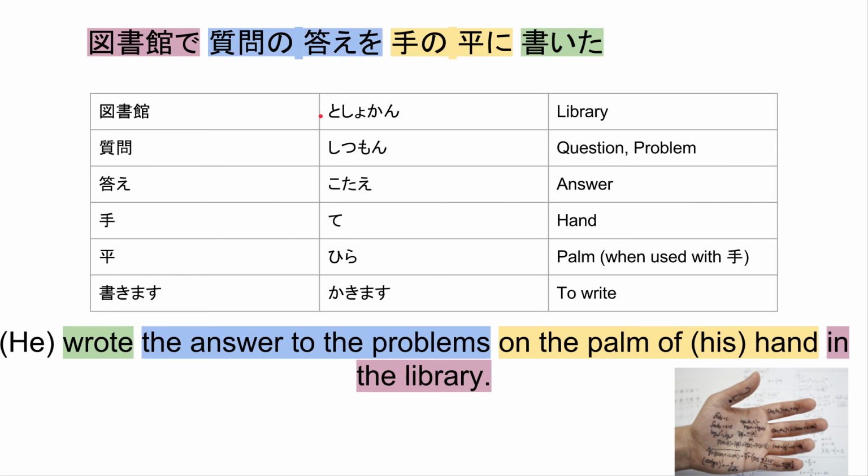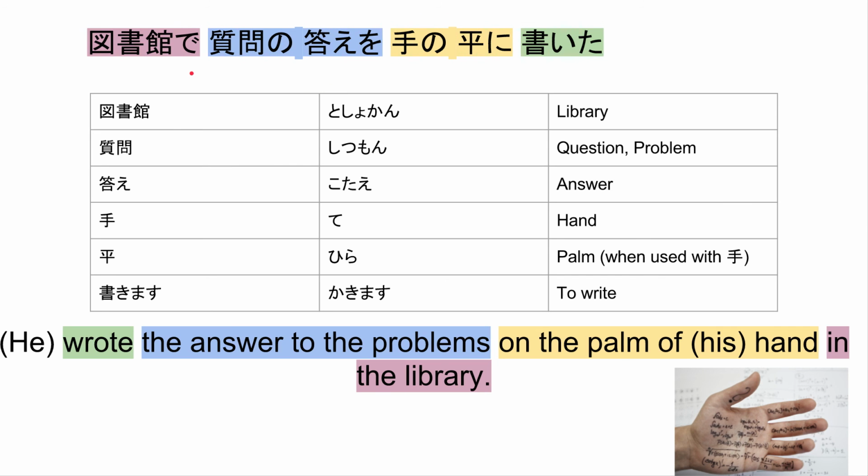Where did he do the writing? He did the writing at the library. At the library, he wrote the answers to the questions on the palm of his hand. Te no hira ni kaita. He wrote the answers to the question at the library on his hand.